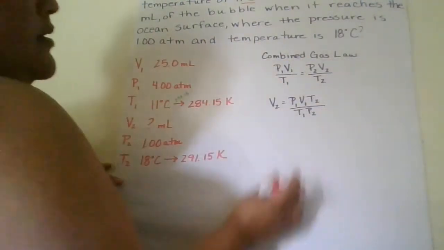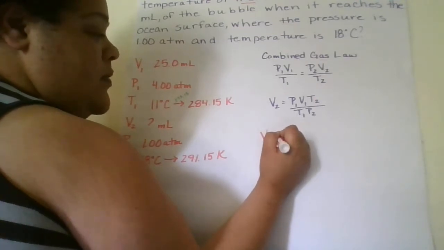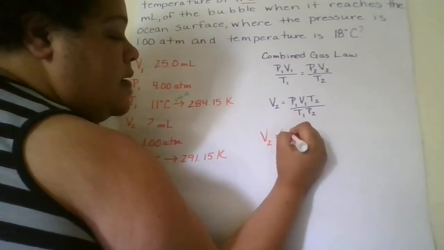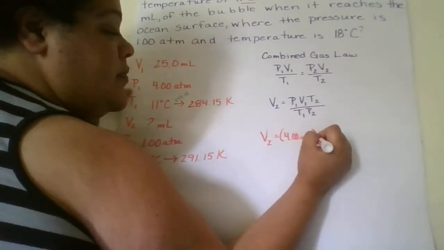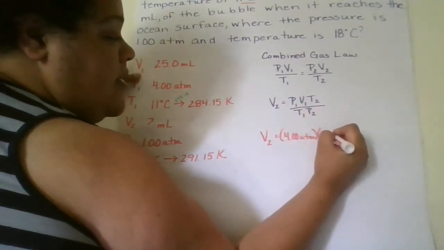Let's start. We have V2 equals P1. My P1 is 4 atm. My V1 is 25 mL.